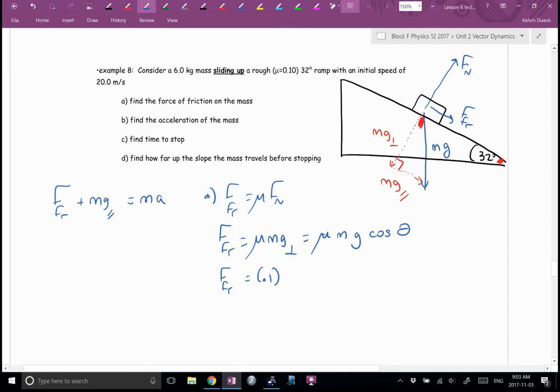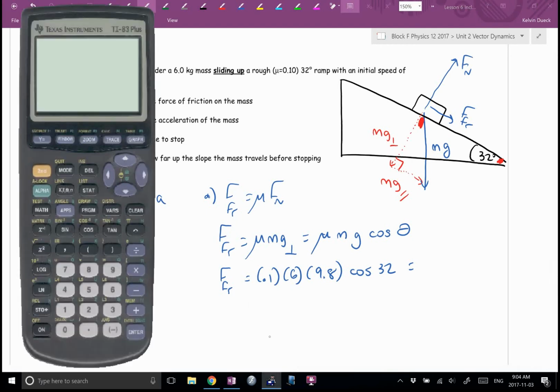Fairly slippery ramp, actually. m is 6, g is 9.8, cos 32. Uh, 4.986. I'll go 4.99.